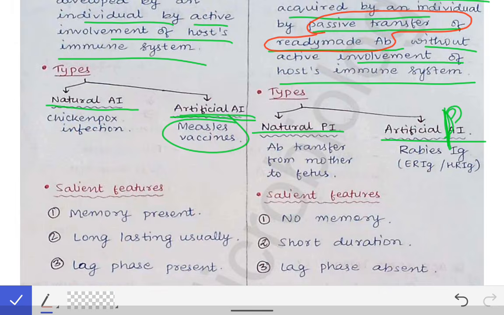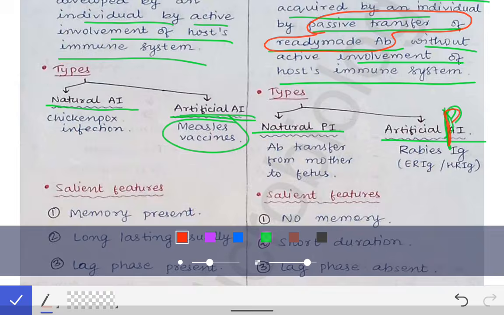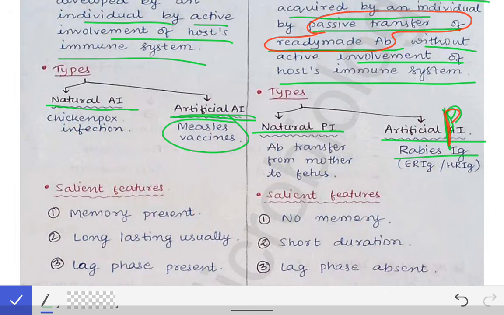An example of the artificial passive immunity is the rabies immunoglobulin. Whenever someone has got a bite from a dog, or for that matter any animal, then he has to get the rabies vaccine. If it is a category 3 bite, then we give the immunoglobulins plus the anti-rabies vaccine, ARV.